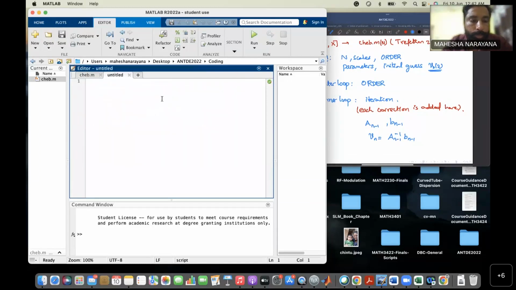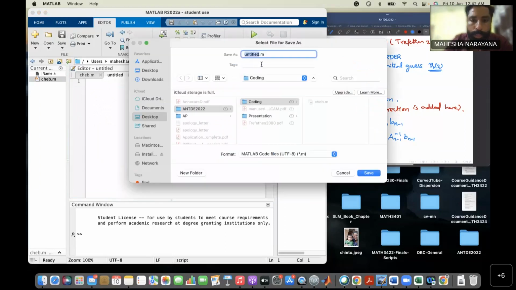I have chosen a script file. I'll just save this. Save it as SLM. Yeah, so it appears in the same folder.